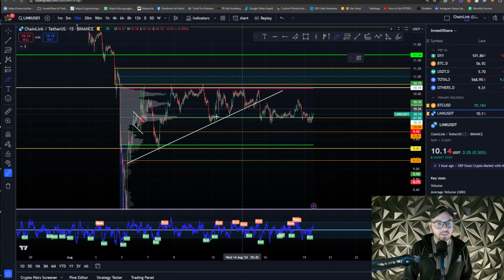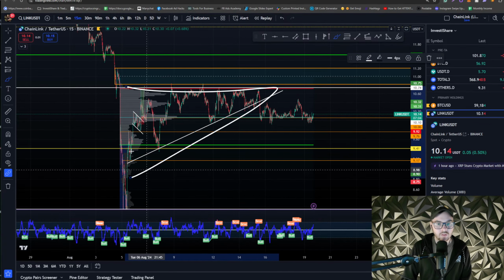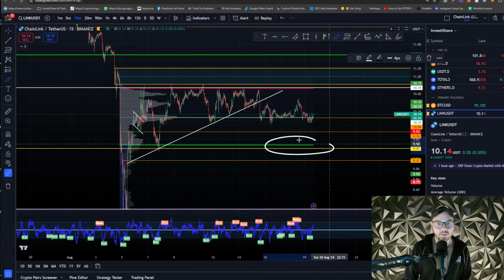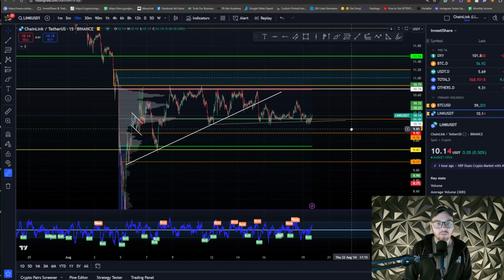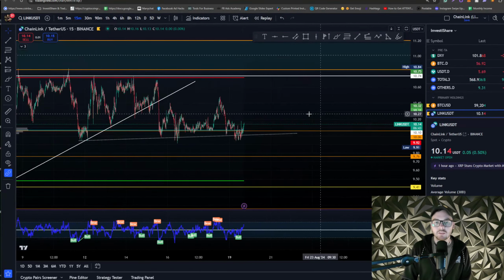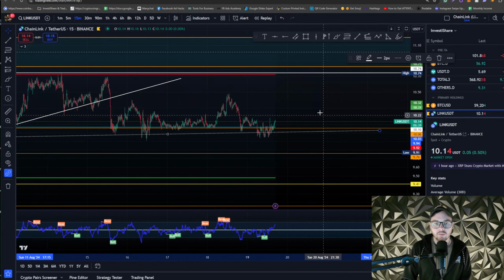So we had this ascending triangle here that broke to the downside. But it's just been hovering over top of this POC and hasn't hit its measurable target. Same kind of posture as that other asset we just looked at. So let's see if it does.